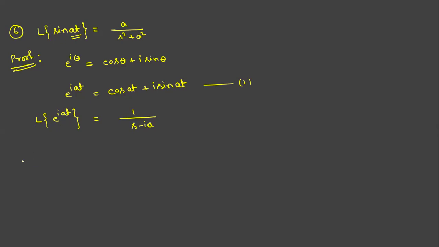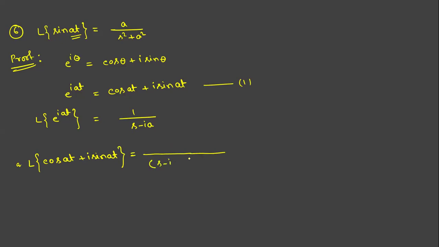In place of e to the power iat, you can write Laplace of cos at plus i sin at. This equals 1 by s minus ia. So you can simplify this in this form.